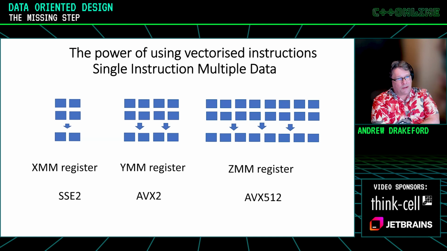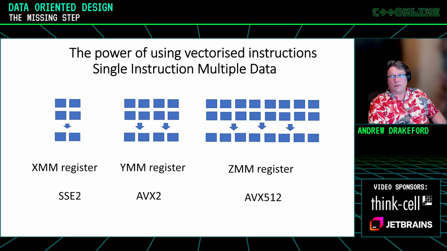If we use these registers, we have the possibility of performing an operation in the same time scales as a scalar operation, but using element-wise operations on multiple elements. So, for example, if we filled a ZMM register with 8 doubles and we added them together, we'd get 8 element-wise additions in one cycle. So we get a huge throughput boost if we can use these.